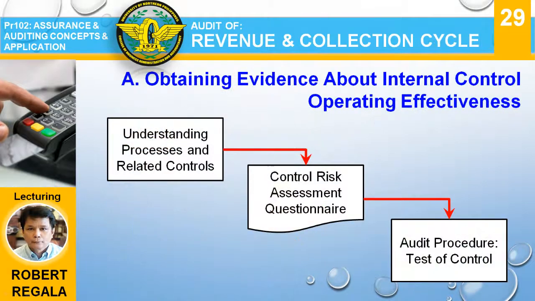Slide 29. Step A. Obtaining evidence about internal control operating effectiveness. As with the sales transactions, the audit procedures related to test of controls start with the understanding of the business processes and internal control over those processes.